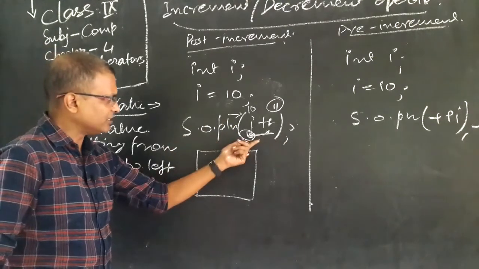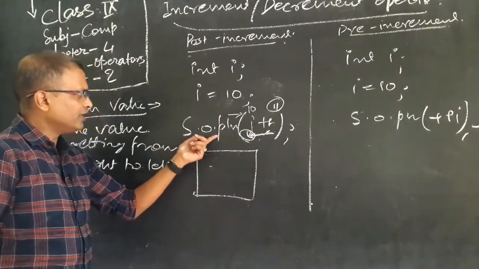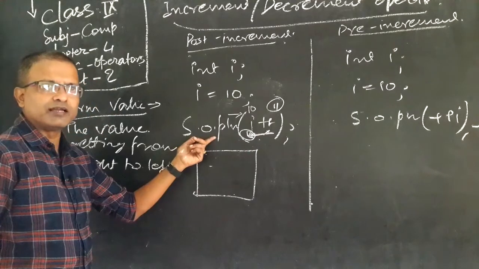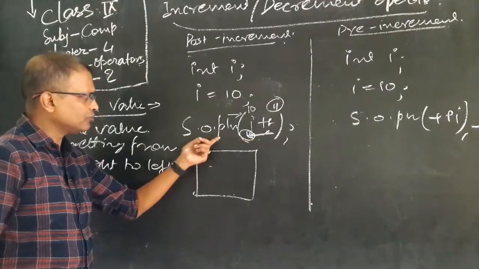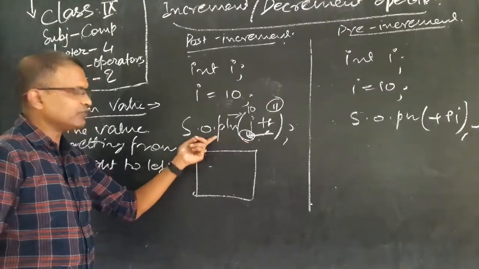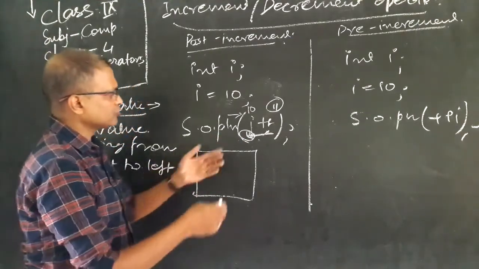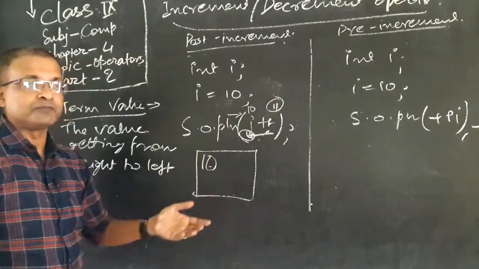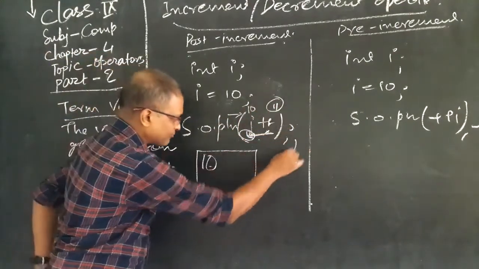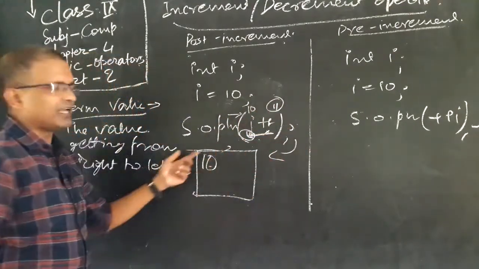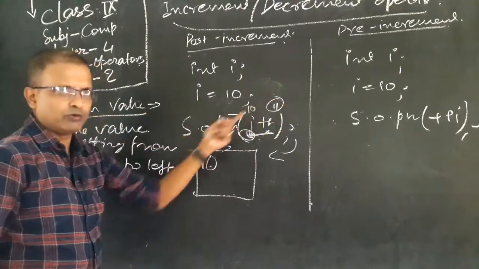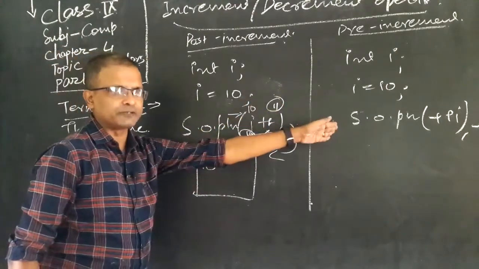So here is the term value. This value will be used to execute this SOPLN syntax. Obviously, if 10 is used with SOPLN, the output will be 10. Now the question is, what is the use of this 11? This 11 will be used after this syntax. If you write the next syntax SOPLN again I, then the value 11 will be printed, or in the next expression.